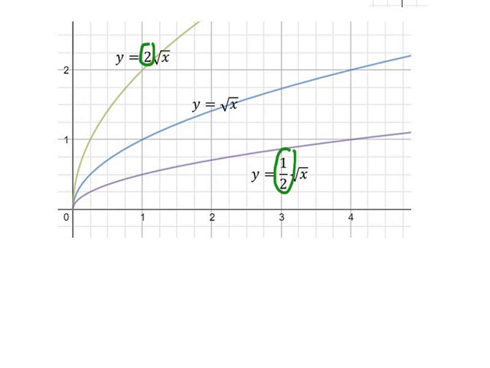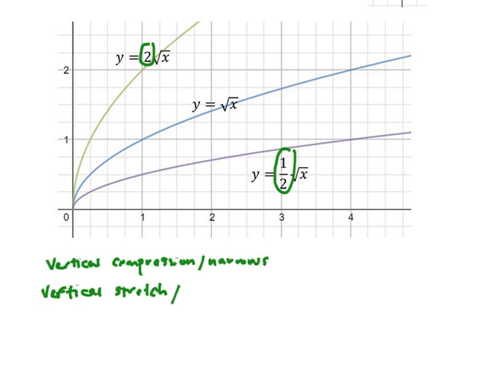We call that either a vertical compression, the writing is not very neat, but hey, or a vertical stretch. Now the compression, it narrows, and the stretch, it widens.